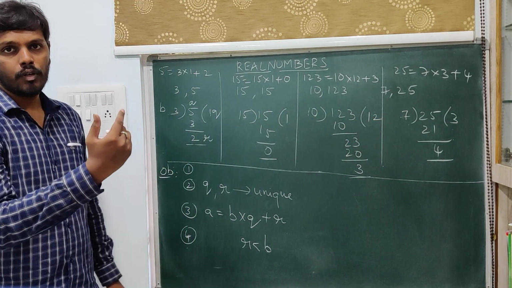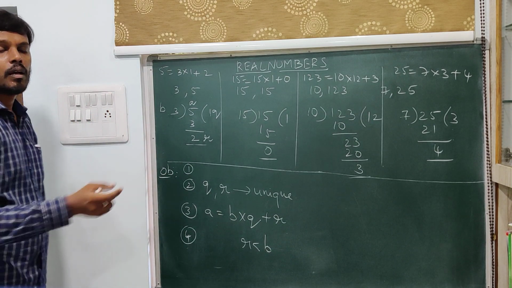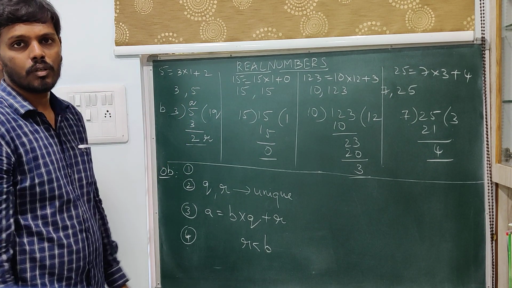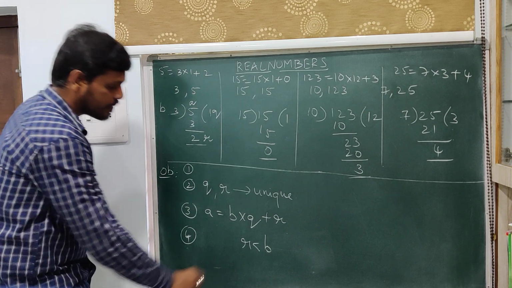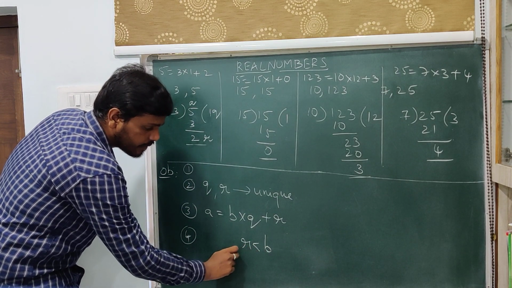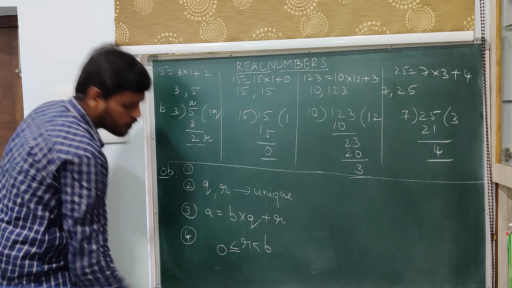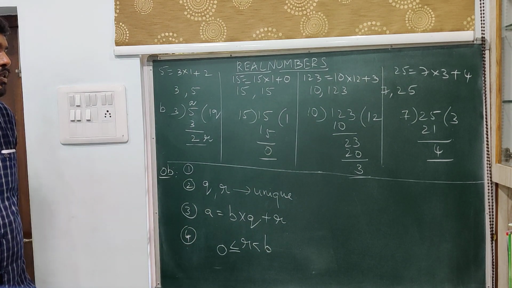So, when you go lesser and lesser, r will terminate. In fact, the value of r will be least when it is equal to 0, and we don't have any value of r that is less than 0. So, r is less than b, it gets lesser and lesser until it is equal to 0, and it cannot go beyond 0. So, these are the four observations which we can make.